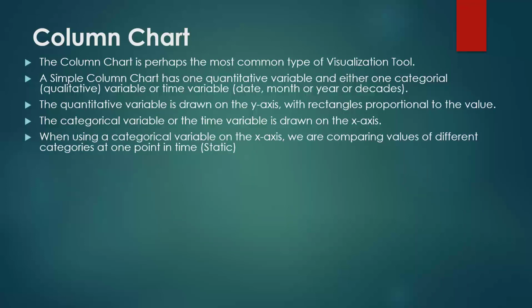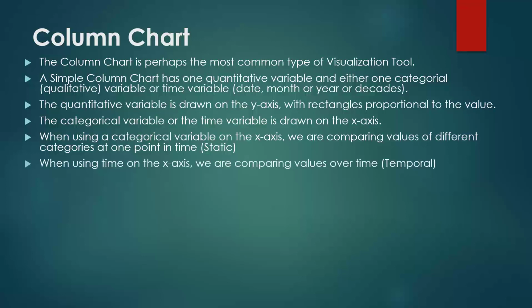If it's a categorical variable, not the time variable, then the column chart is essentially doing a comparison of values for various categories at one point in time. So it's a static comparison. If, on the other hand, you have time on the x-axis, we're doing a temporal comparison, comparing values over time or finding a trend.